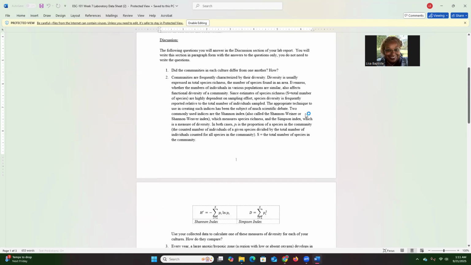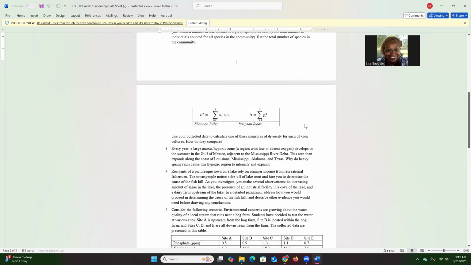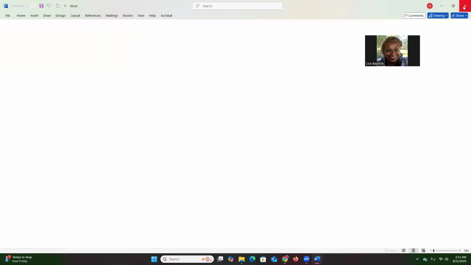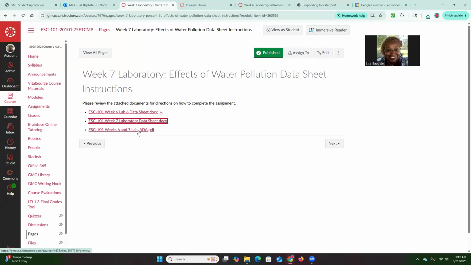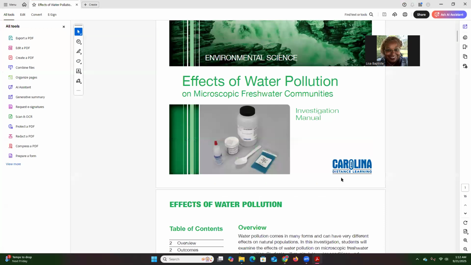This is what you will turn in for next week. I will go into more detail on this next week, but I wanted to give you a heads up that that is there. Okay, and then this is the actual instructions for the lab. And I want to go over that so you can see it.